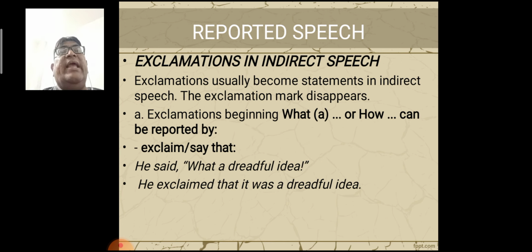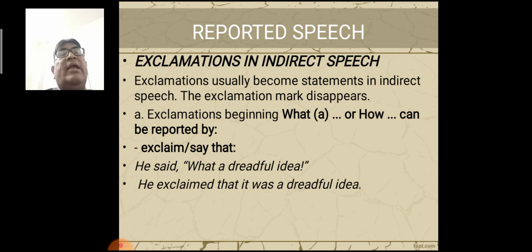Now let's see exclamations in indirect speech. Exclamations usually become statements in indirect speech. The exclamation marks disappear. Let's see examples. Exclamations beginning with what or how can be reported by, he said, "What a dreadful idea!" Then the answer is, he exclaimed that it was a dreadful idea.